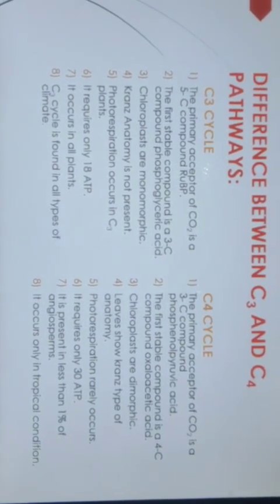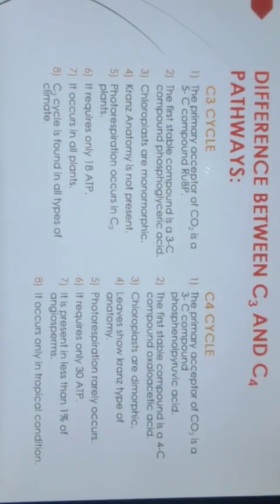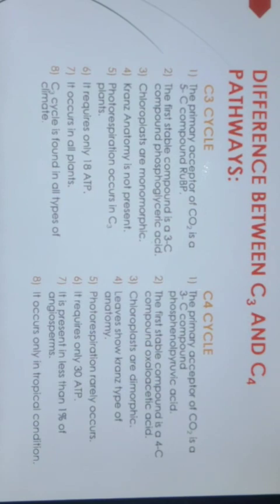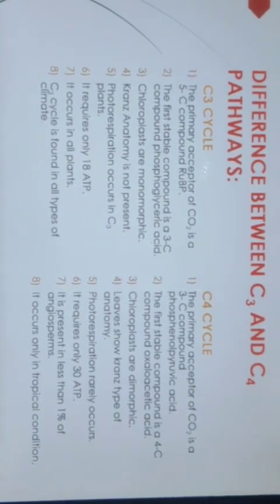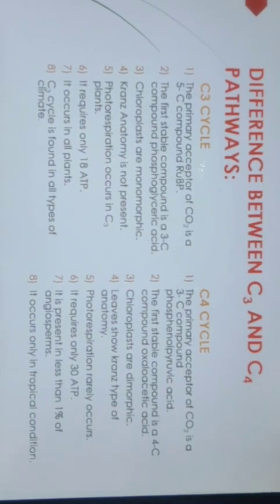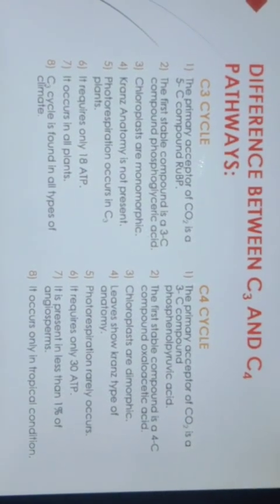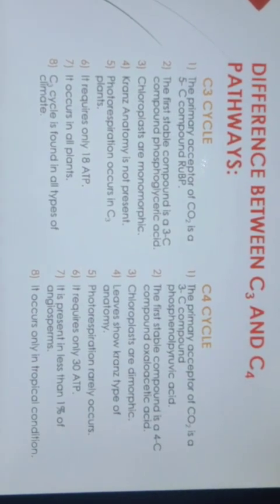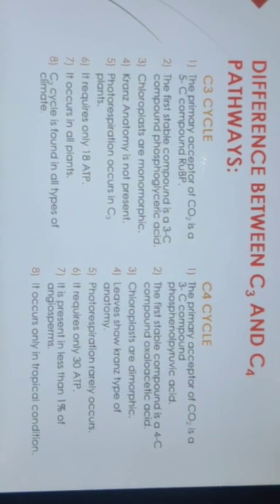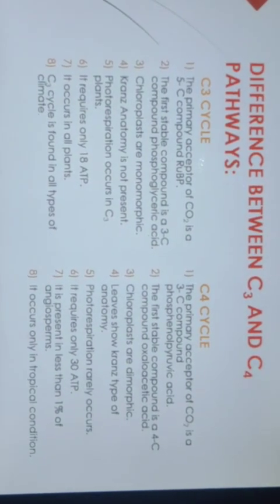Now the first stable compound which is formed in the C3 cycle is the 3-carbon compound, hence named as C3, that is phosphoglyceric acid. Whereas in the C4 cycle, the first stable compound is the 4-carbon compound, that is oxaloacetic acid.